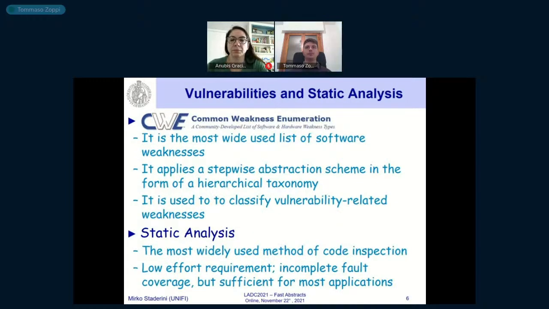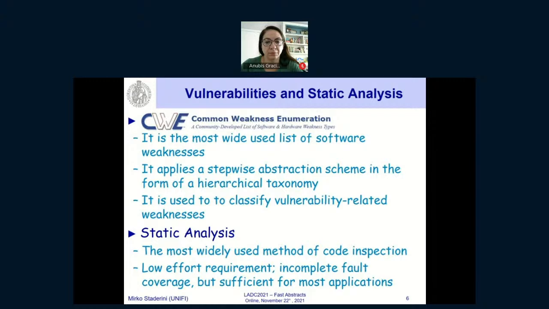CWE is the most widely used list of software weaknesses. It applies a stepwise abstraction scheme in the form of a hierarchical taxonomy. It is used to classify vulnerability-related weaknesses. For example, the National Vulnerability Database of the US uses a slice of the CWE to classify vulnerabilities that come from the Common Vulnerabilities and Exposures list.